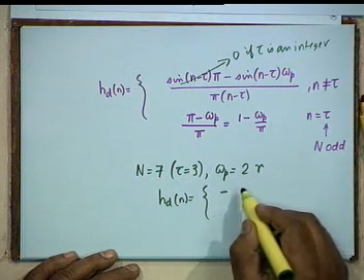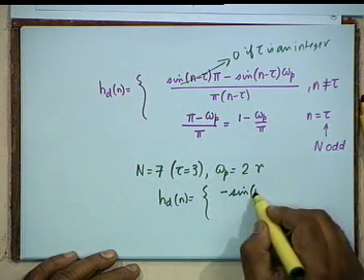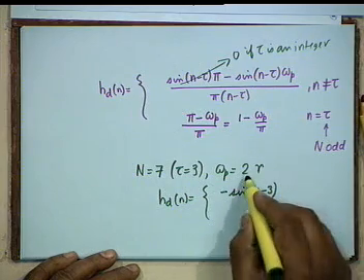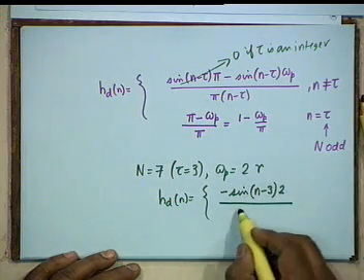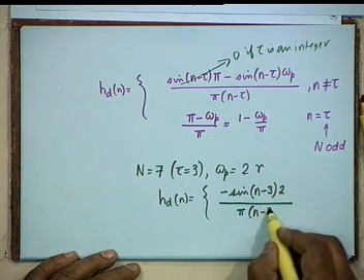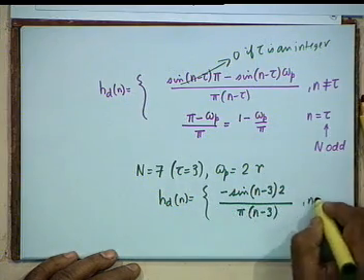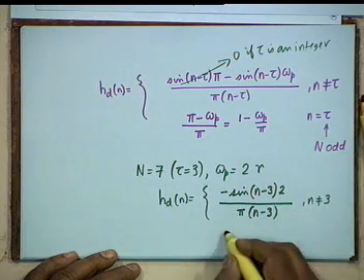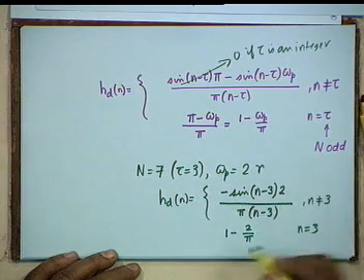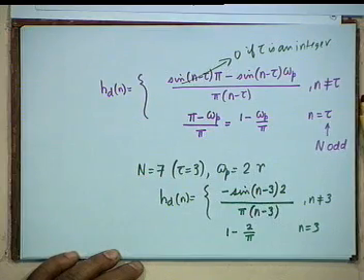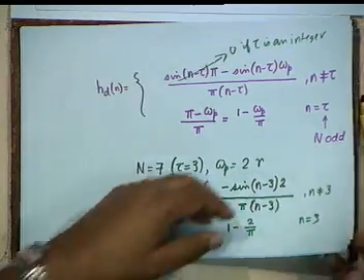So, minus sine of n minus 3, then 2 radians, so multiplied by 2 divided by pi n minus 3. This is for n not equal to 3, and it is 1 minus 2 by pi for n equal to 3. So, you can calculate the h d n and now you can apply the various windows.